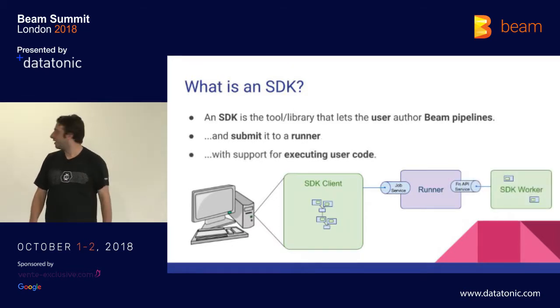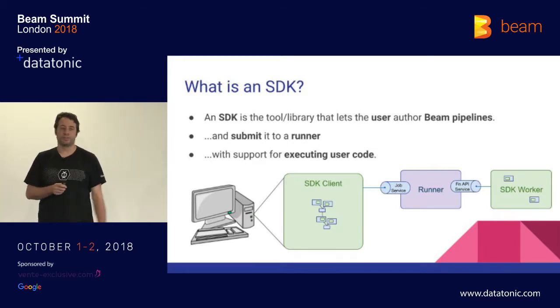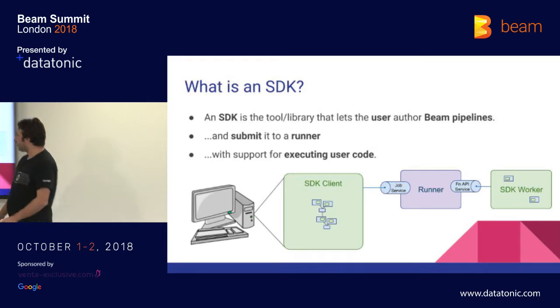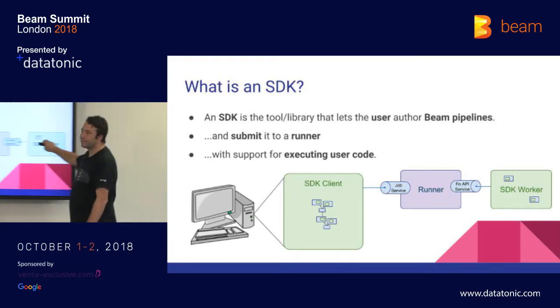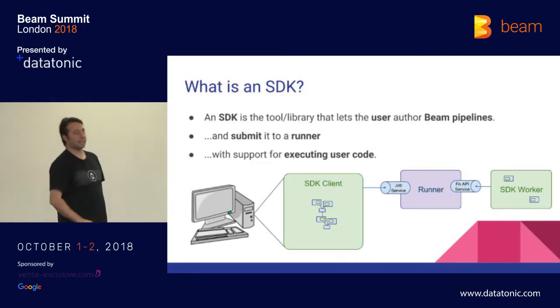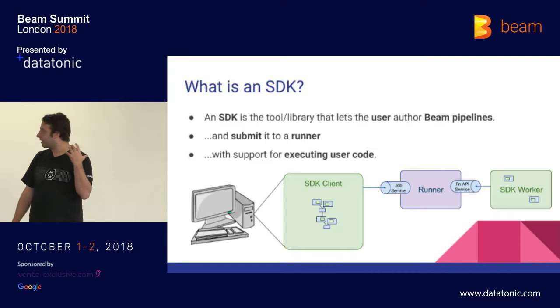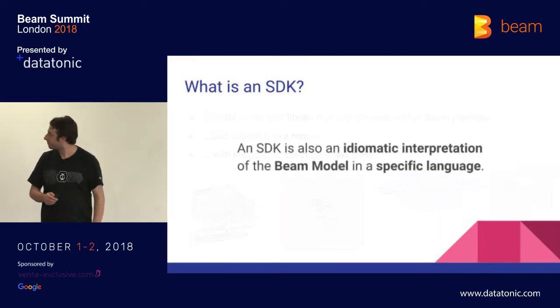And then the third component of an SDK is it provides support for actually executing the user functions. So the pipeline consists of a bunch of user functions and built-in functions, and then you want to be able to actually execute those functions on the worker. So you also have this service where you say, I have this function, I have no idea how to deal with it, but the SDK knows how to do it, so you have to provide this backend as well.